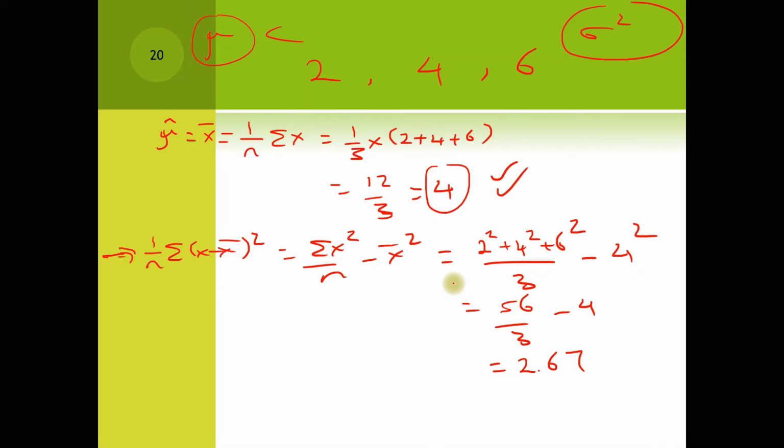This is using this formula. But what about if I use the other formula now? The variance is 2.67 here.